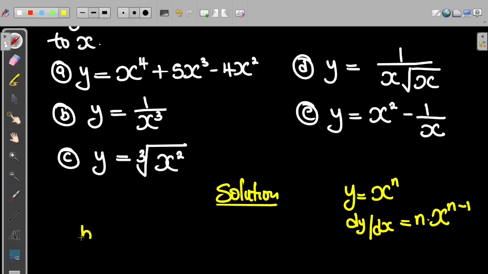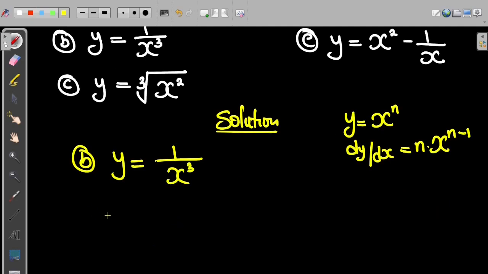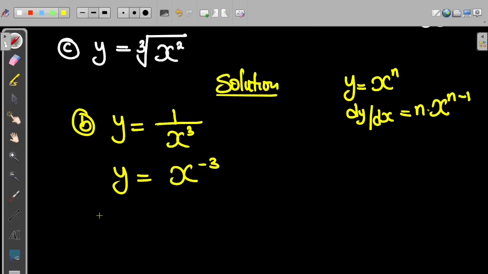For b, we have that y is equal to 1 divided by x cubed. Now, from the knowledge of indices, we have that y is equal to x to the power of negative 3. So if we differentiate, dy over dx will be equal to negative 3, which is the index, multiplied by x to the power of negative 3 minus 1.